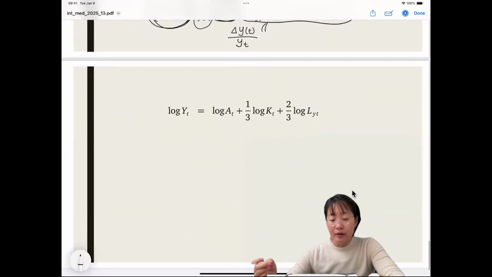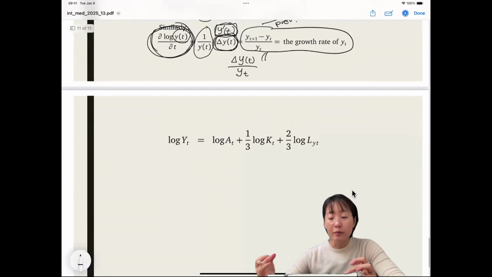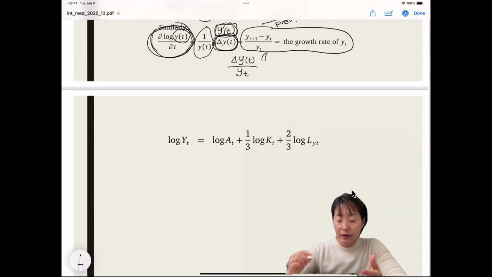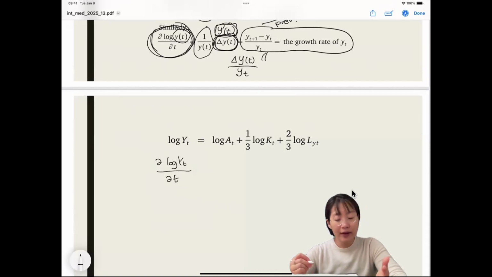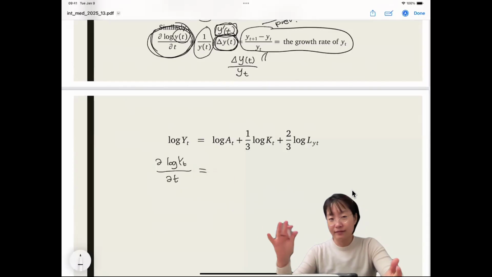but let's apply what we just learned. So if we take the time derivative with respect to log, then we will get the growth rate. So let's just draw these symbols. Just follow me. It's not complicated. It's like drawing.